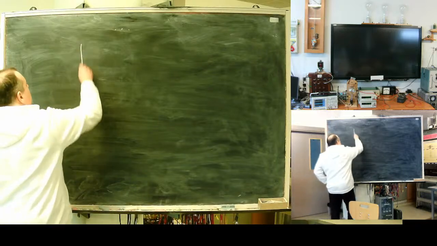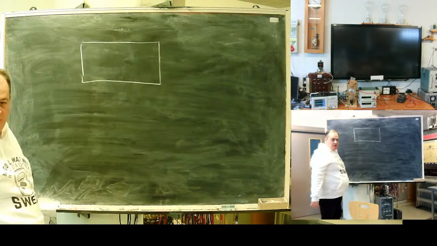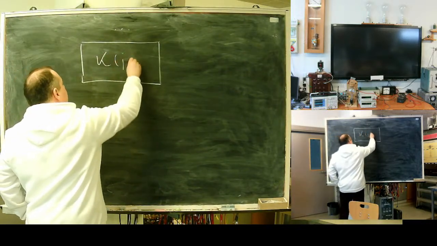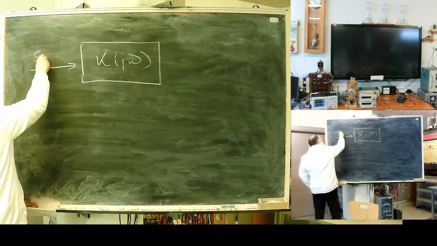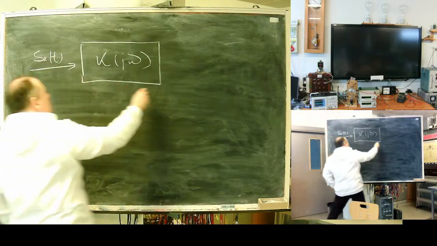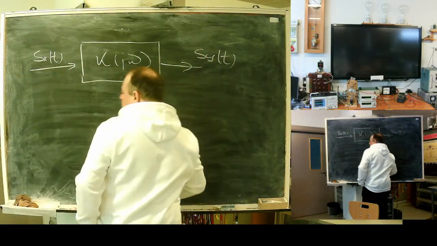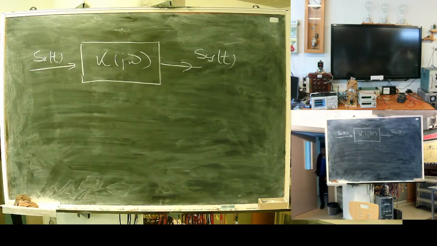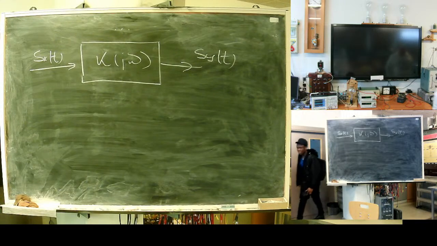What if, let's say, we have a linear system that can be characterized with transfer factors? It has an input signal and an output signal.